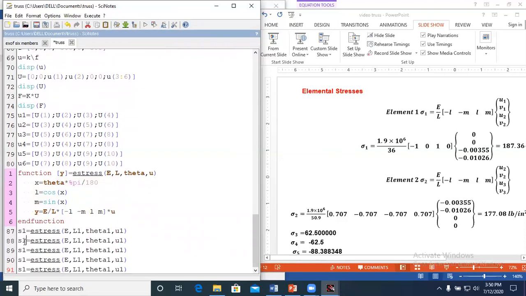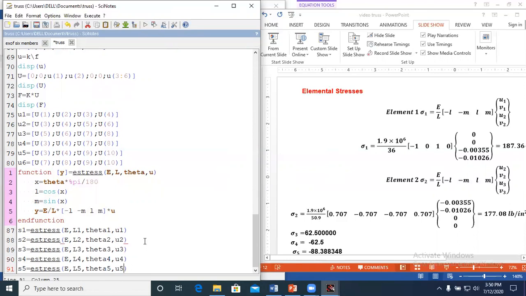S2 with L2, theta2, U2; S3 with L3, theta3, U3; next S4 with L4, theta4, U4; S5 with L5, theta5, U5.